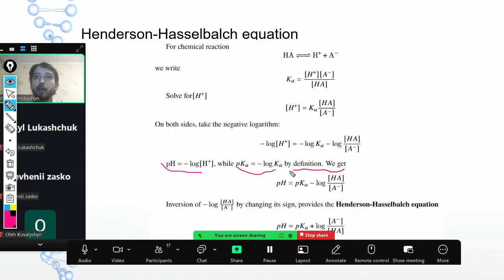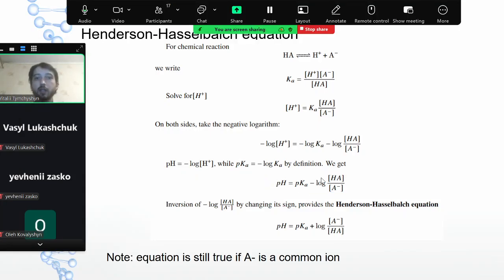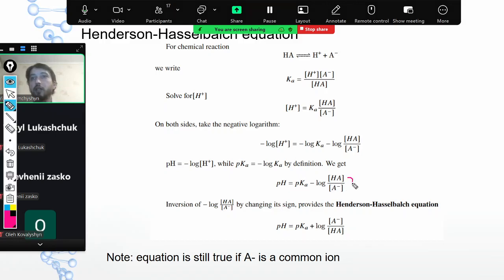So here's what I get. In most resources, people like to swap places of these two parts, which transforms this minus to plus. And this is what you get. It's called the Henderson-Hasselbalch equation.